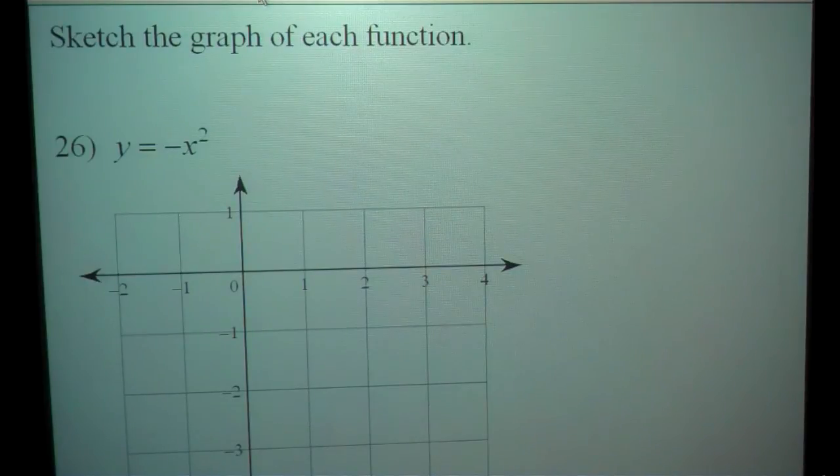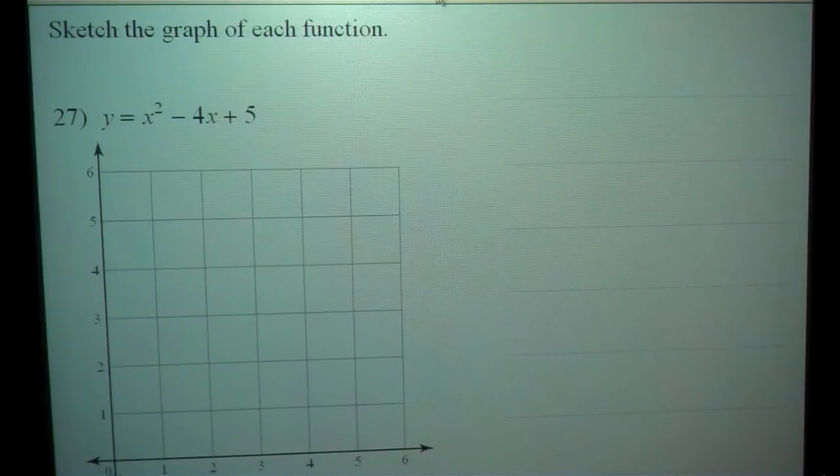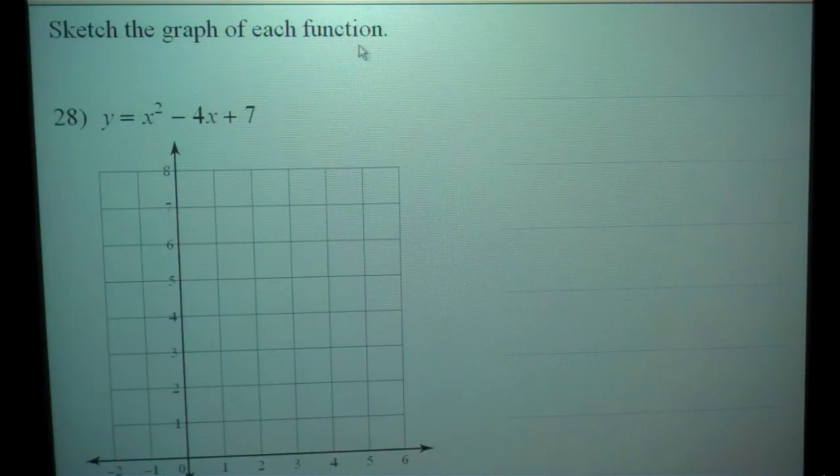Pause. Here's the answer. Here's the next one. Vertex is at 2, 1, it looks like. Next. Pause. Here's your answer. Vertex at 2, 3.